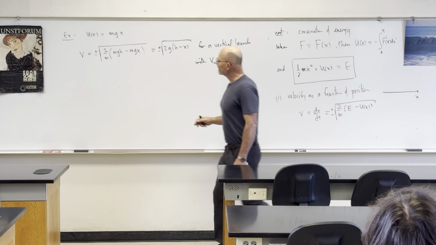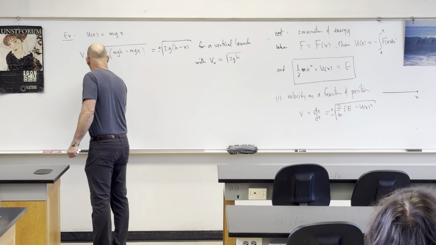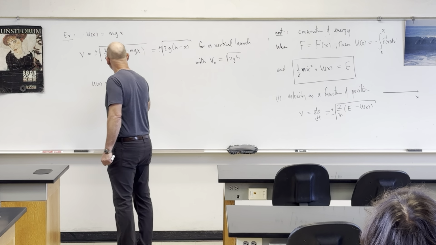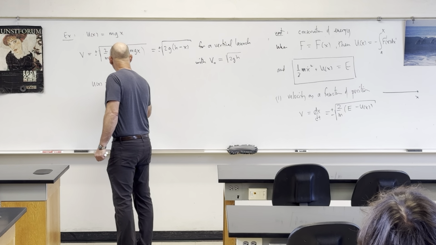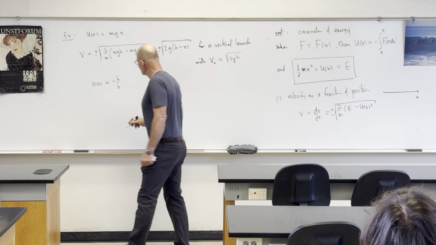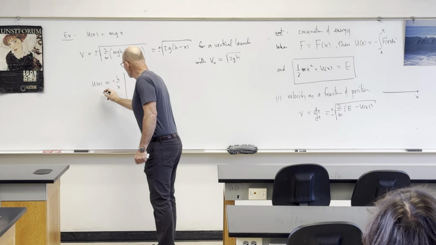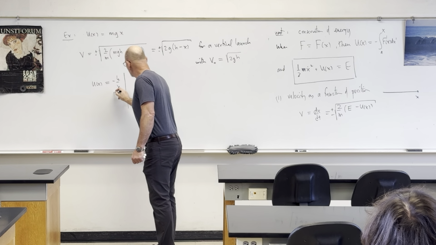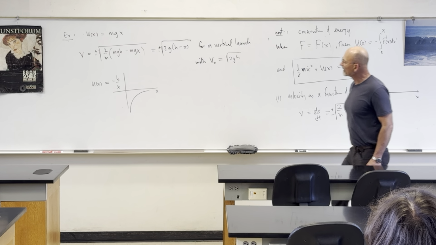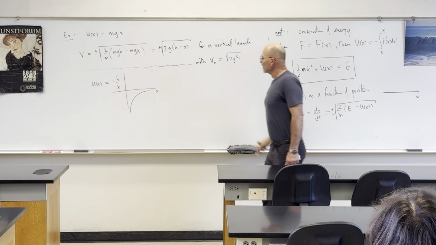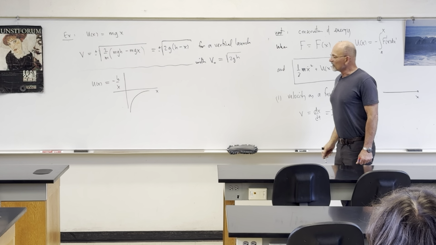Now what about u of x equals minus k over x? I'm going to draw our graph here. I can always help us out here. So now we've got u of x equals minus k over x. So what's the interpretation there?